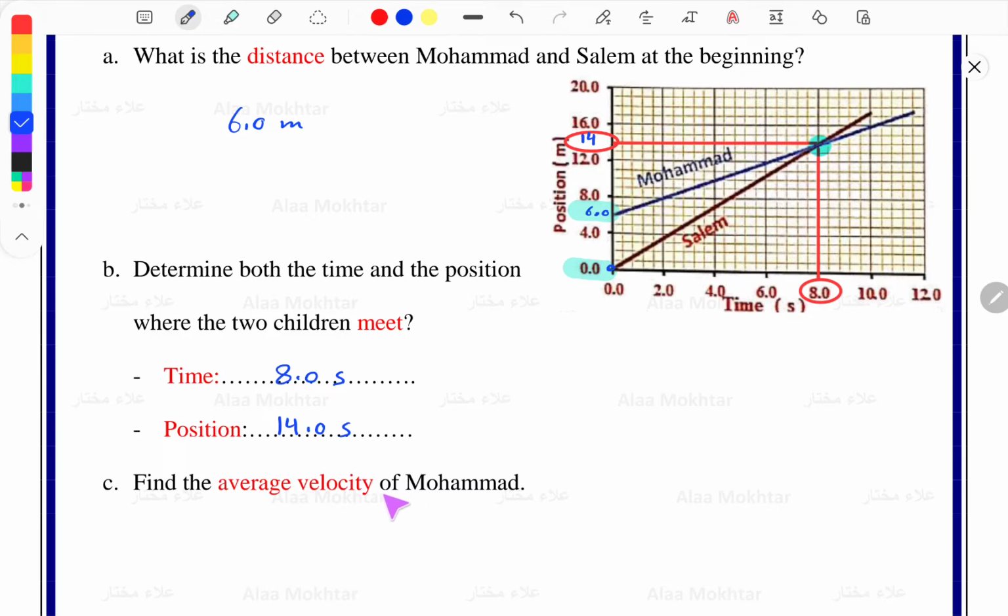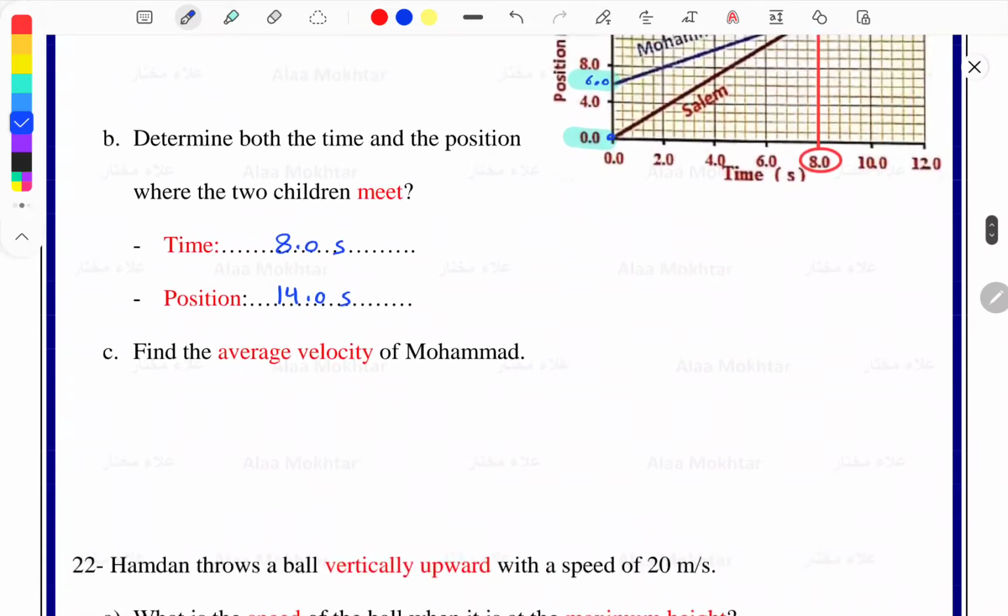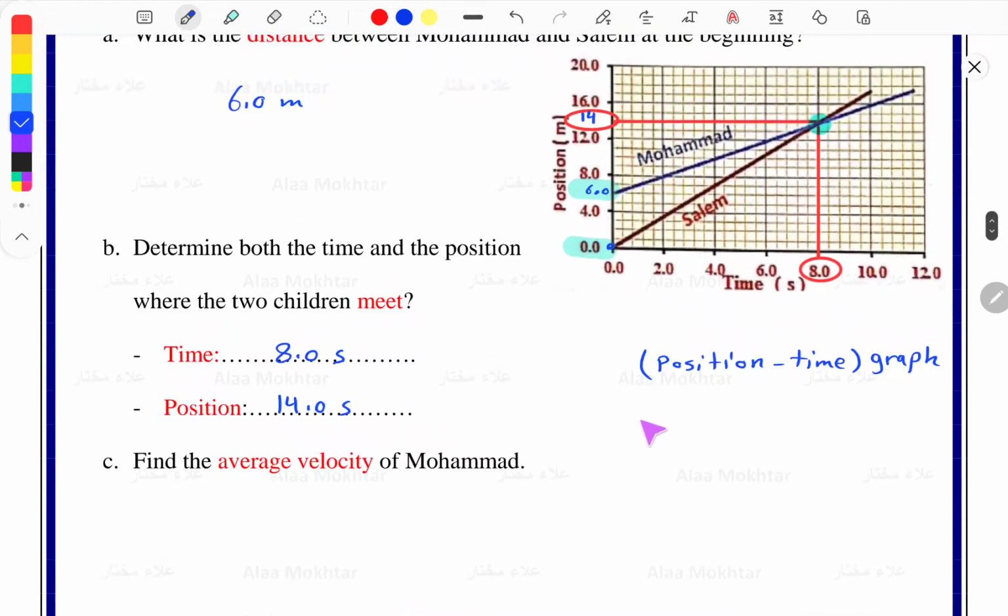Find the average velocity of Muhammad. Average velocity of Muhammad, we know this is position time graph. In position time graph, the slope equal what?